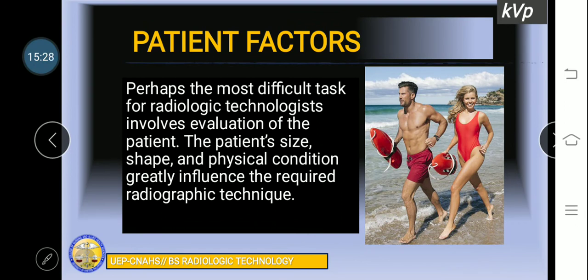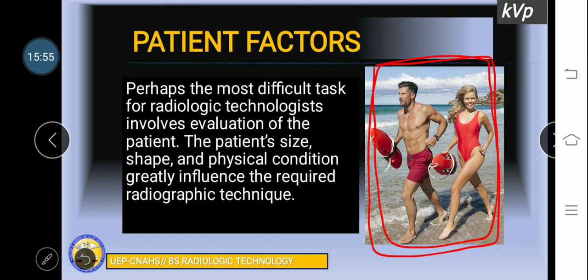So, perhaps the most difficult task for radiologic technologists involves evaluation of the patient. So, we have to see the patient's size, the shape, and physical condition greatly influence the required radiographic technique factor. So, do not expect na yung mga patient mo sa radiography, mga ganito yung body type.